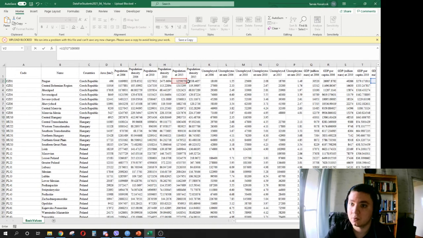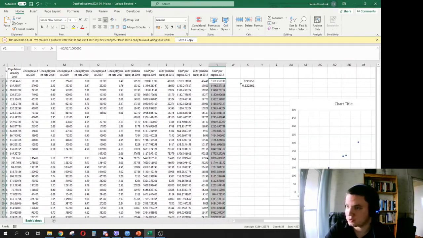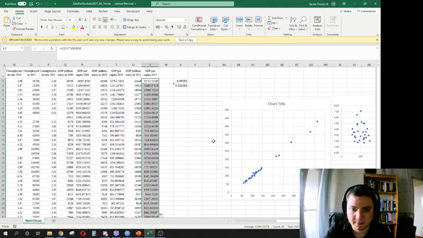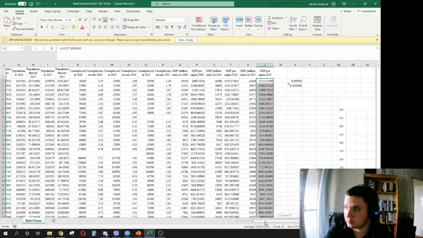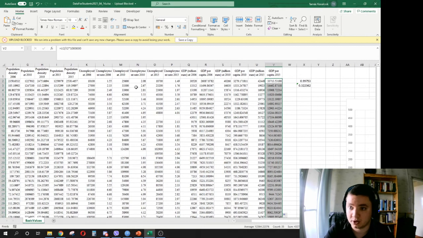Yeah. Okay. First of all, make a graph between the GDP per capita and population density.